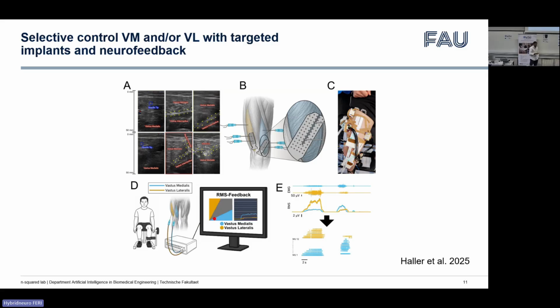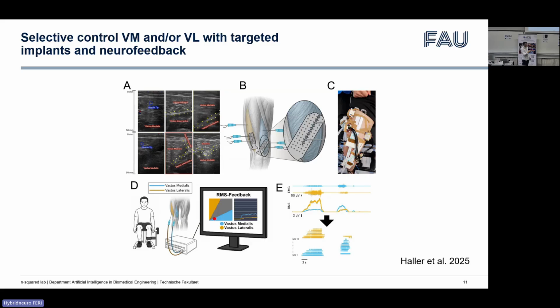This is a simple neurofeedback, but it's very effective because you can take the implant data and create a Cartesian plot, and you can scale the activity of the vastus medialis and vastus lateralis, either as a time signal or with one muscle against the other. So the participant can control this cursor in real time in this zone.